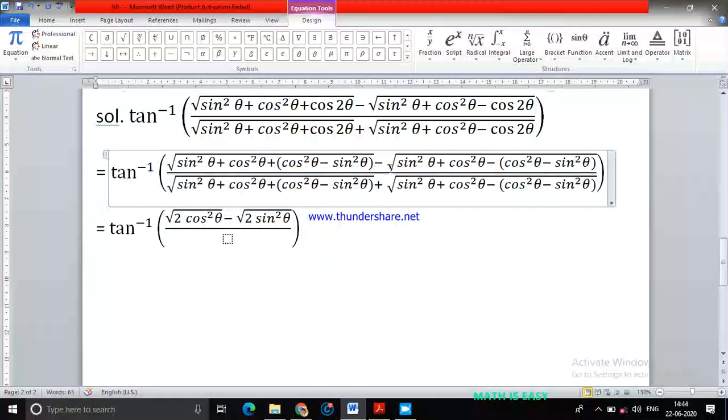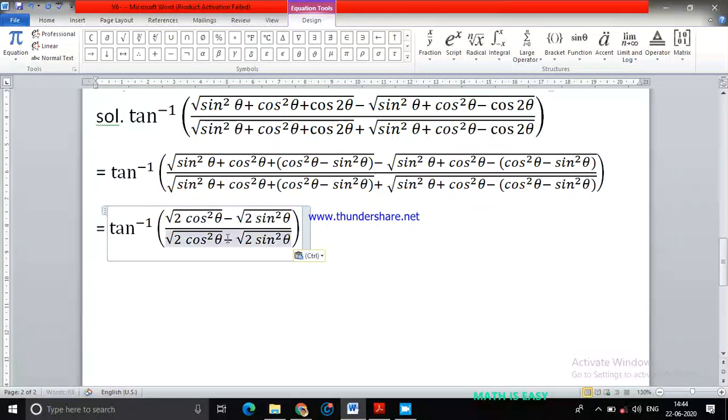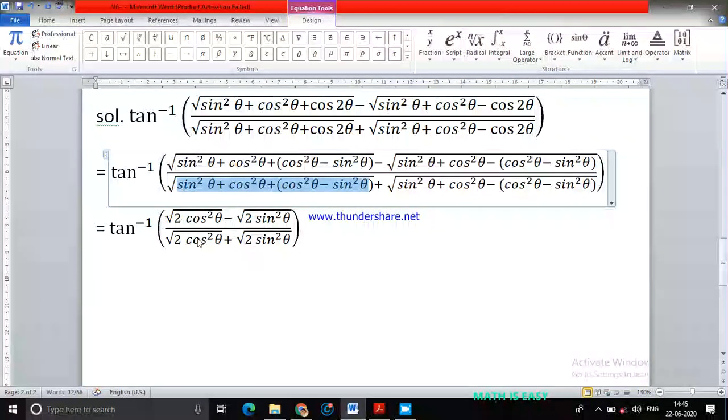And your denominator is also going to be the same, except the sign changes. So this will be the same, and here the plus sign will come. If you want, you can check, plus sin square theta minus sin square theta will get cancelled here. So it will be 2 cos square theta, and here cos square theta minus cos square theta will get cancelled.